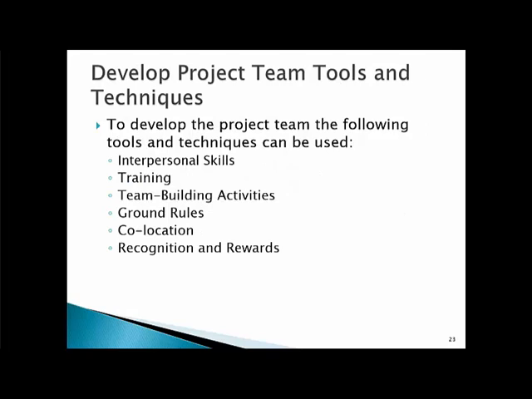The tools and techniques used to develop the project team are interpersonal skills, such as empathy, influence, creativity, and group facilitation. Of course, we also need training to enhance team competencies. Team building activities, such as the Tuckman model of forming, storming, norming, and performing, and we'll talk about that later.